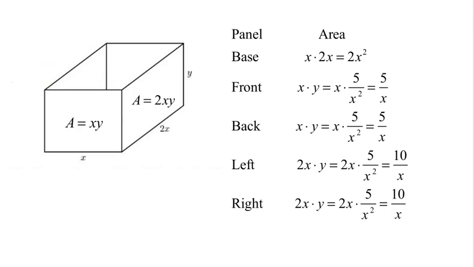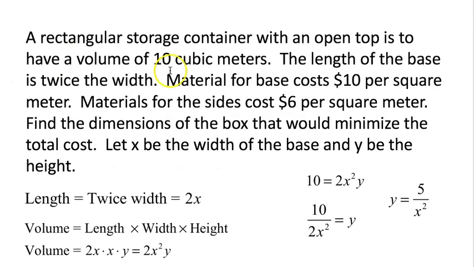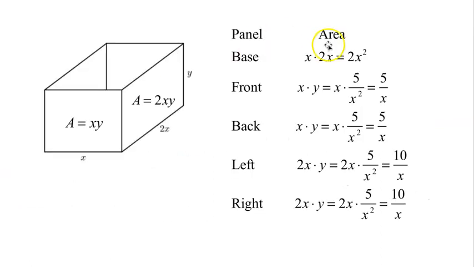So let's go back and take a look. What did the bottom cost? The base, the bottom cost $10 per square meter, but the sides each cost $6 per square meter. So $10 for each square meter here, $6 for each square meter there.